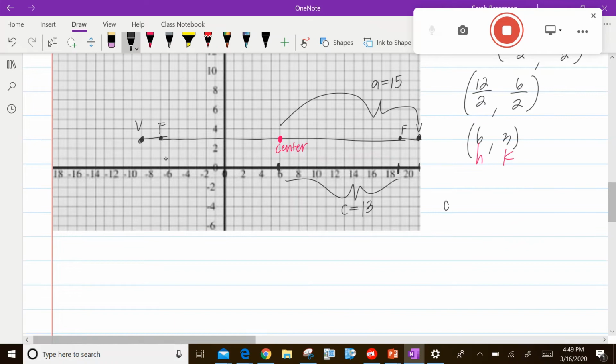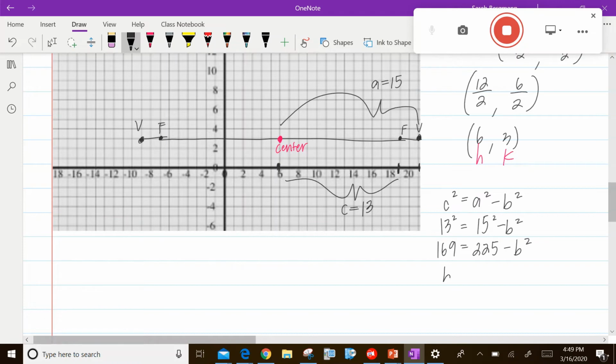All right, the equation c squared equals a squared minus b squared applies whether our ellipse is vertical or horizontal. So I'll plug in c is 13, a is 15. Simplify this, 13 squared is 169, and 15 squared is 225.